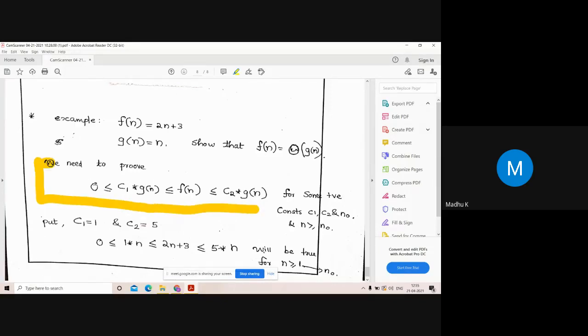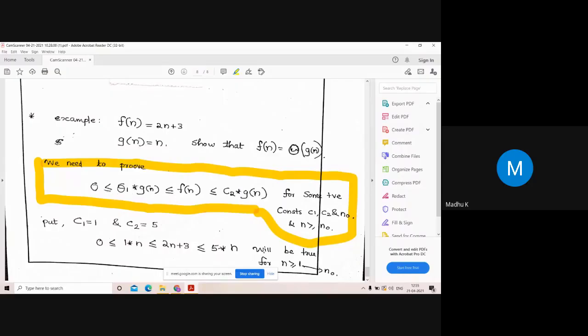If you are given an f of n, you need to prove this condition: 0 less than or equal to C1 g of n less than or equal to f of n less than or equal to C2 g of n for some positive constants C1, C2 and n0, and then I will get a relation like this.